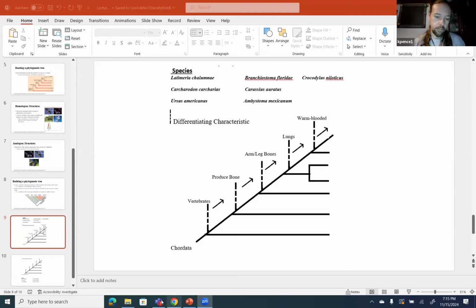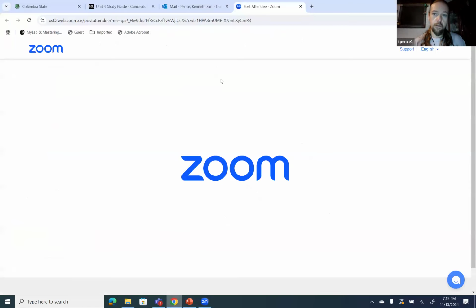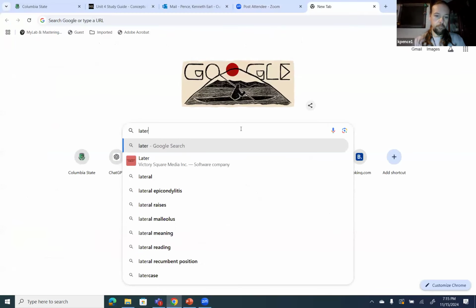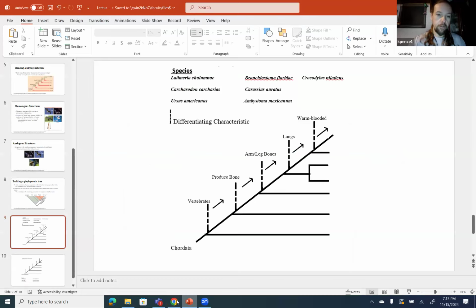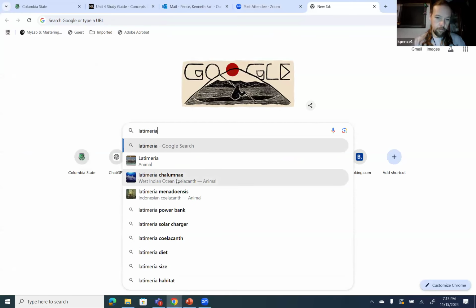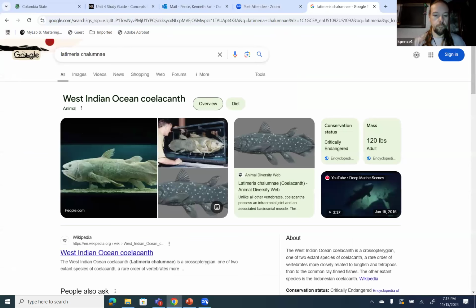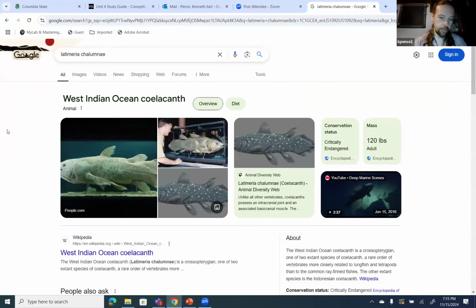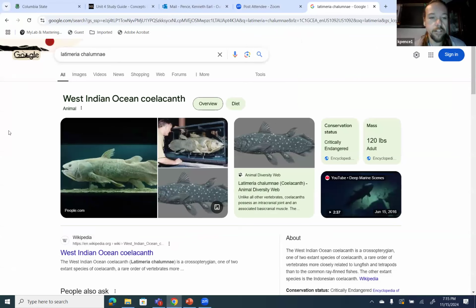Let's see. How do I spell that? Yeah. So I want this guy right here. It's called a coelacanth.